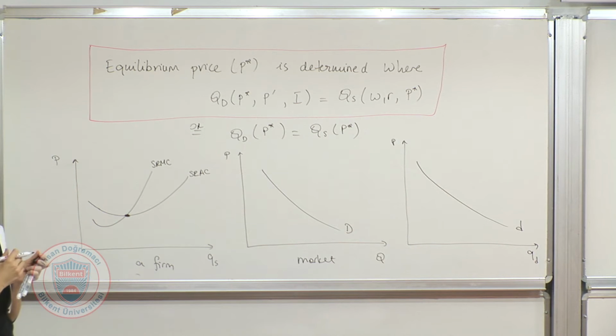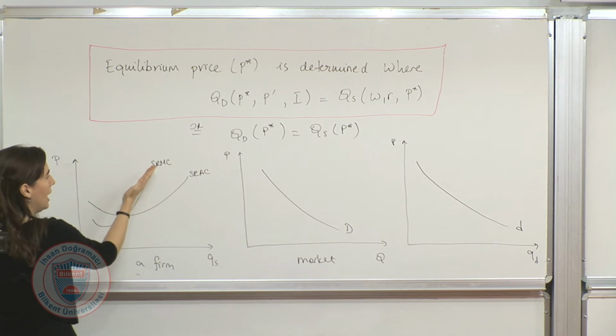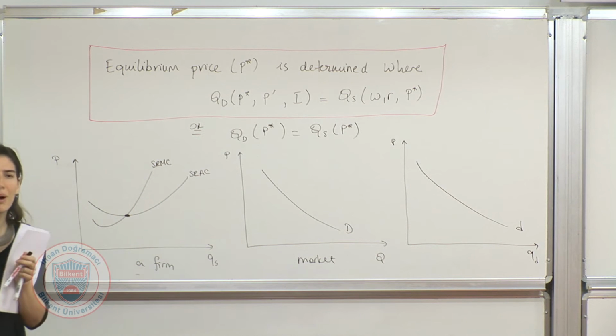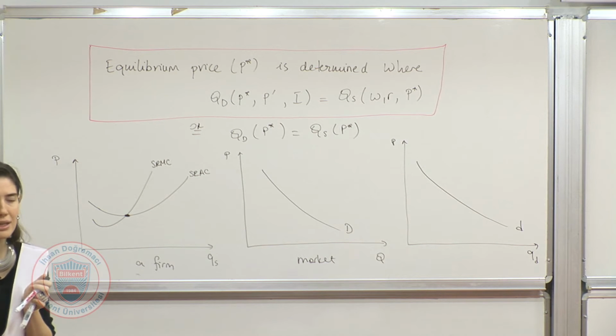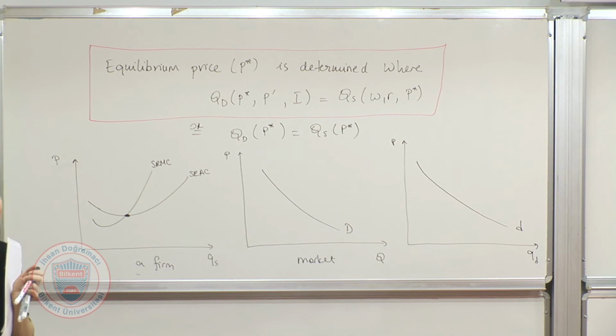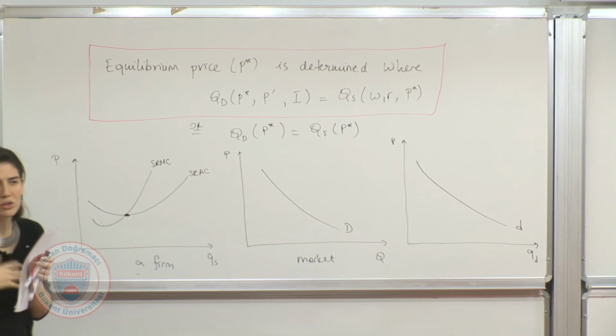Now, here's what happens, okay? Suppose in the short run you add up all these short run marginal cost curves of all these firms. If they're identical, let's say they're all the same, then what's going to happen? They would all have similar marginal cost curves, right?